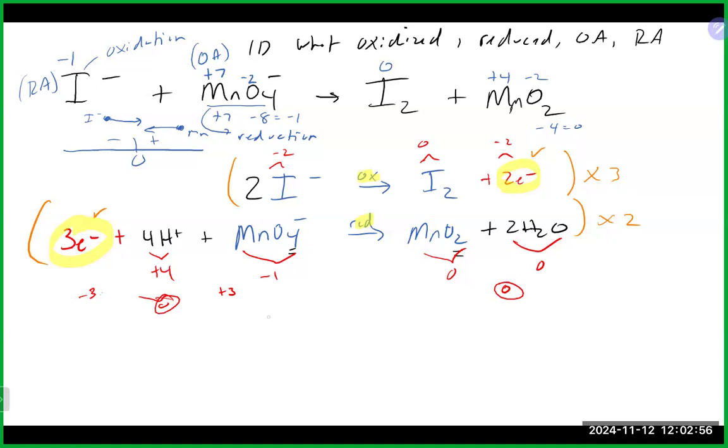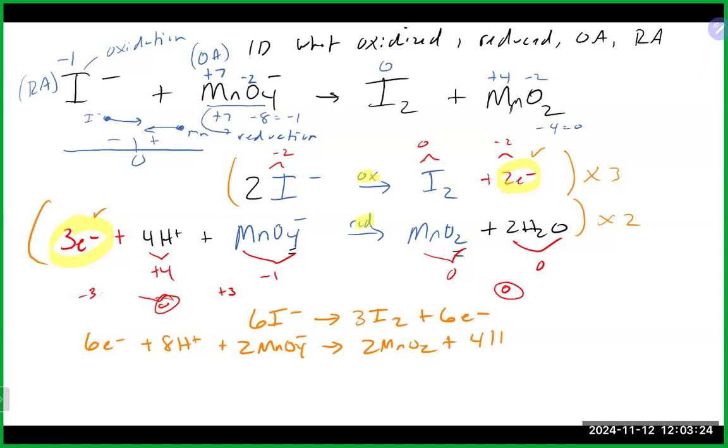So rewriting this here, 6 I minuses goes to 3 I2 and 6 electrons. Multiplying by 2 on the bottom one gives me 6 electrons plus 8 H pluses plus 2 MnO4 minus goes to 2 MnO2 and 4 waters.